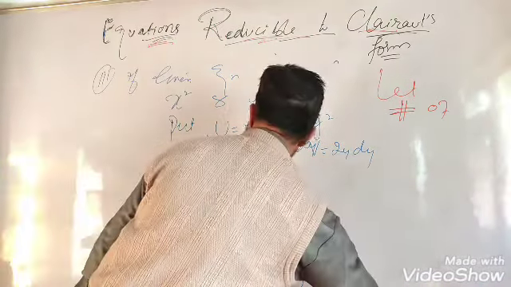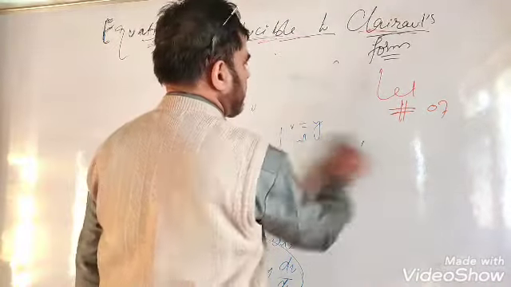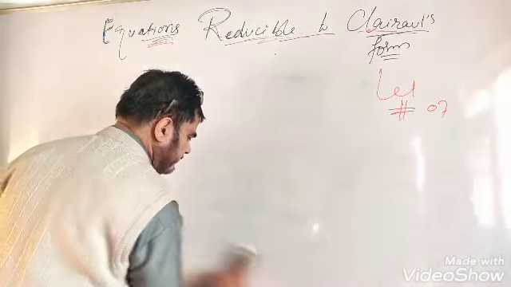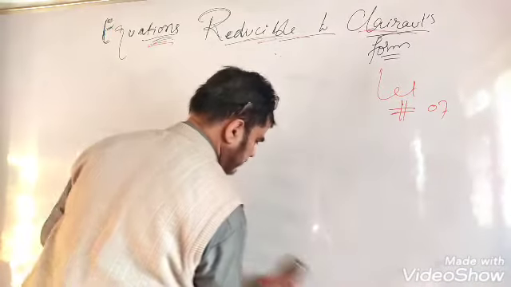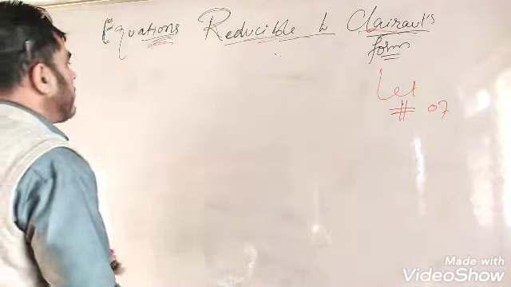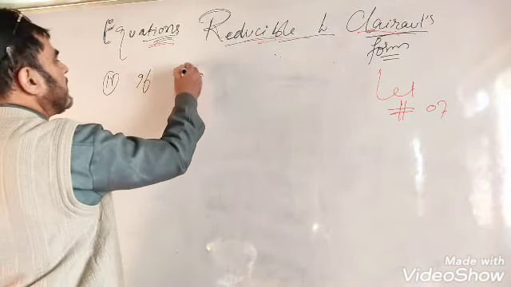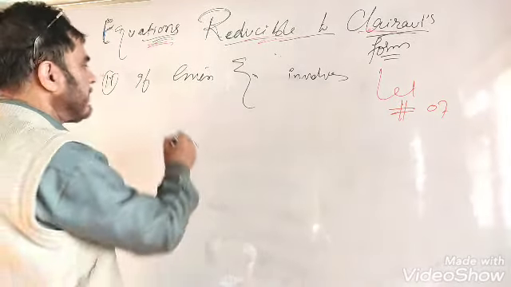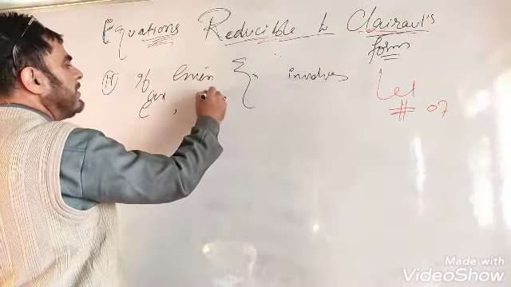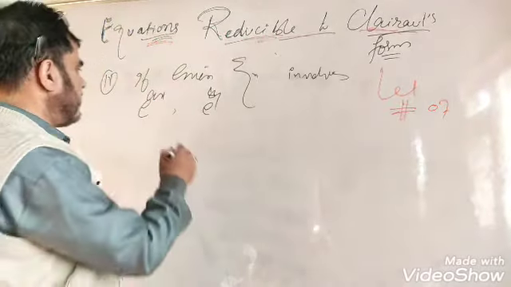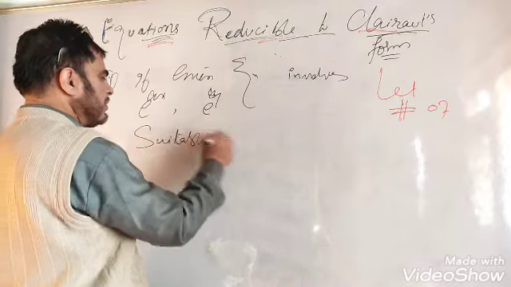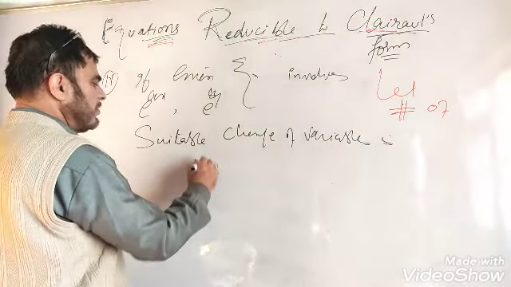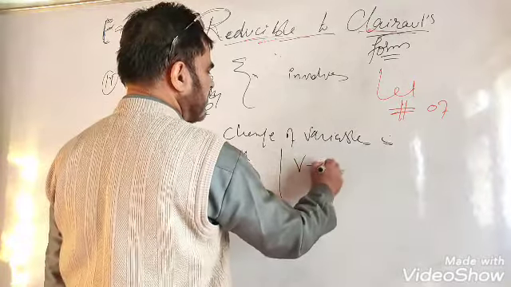Well, in some cases, fourth point I will write, if given equation involves terms like e raised power ax, e raised power by, or only e^x, e^y, then suitable change of variables is, we take u is equal to e raised power ax, v is equal to e raised power by.